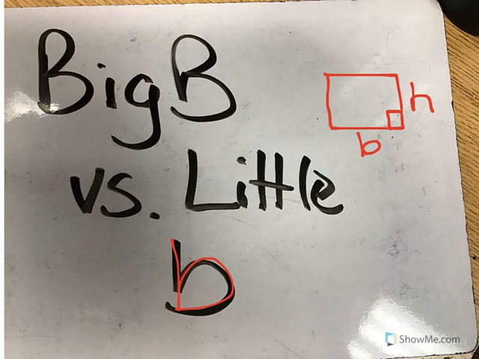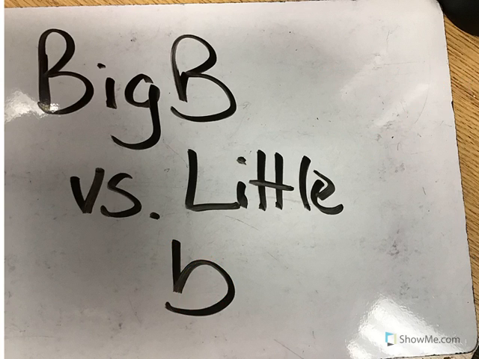Let's just say it's 5 inches, and this is 4 inches. So I could use these two to find the perimeter or the area of this rectangle. Now it's important to realize the little b is always attached to the right angle. And again, the little b is involved with 2D shapes.